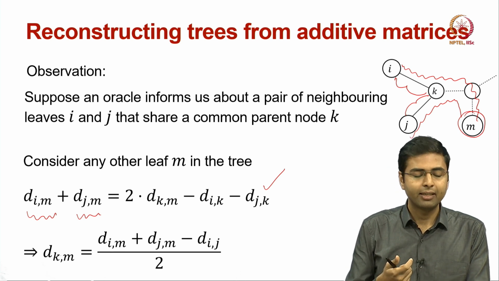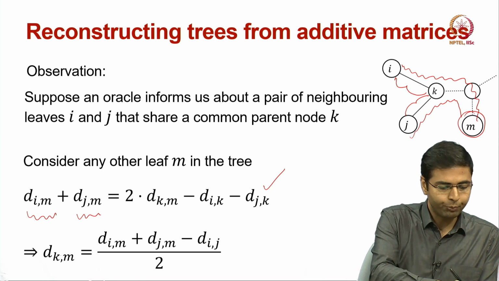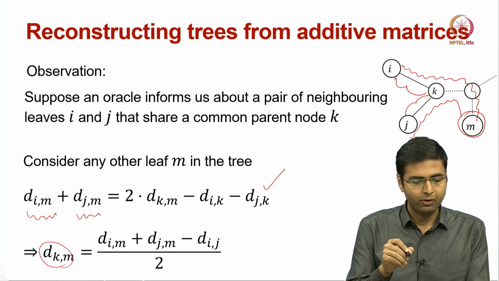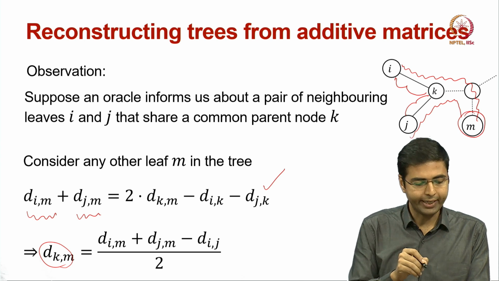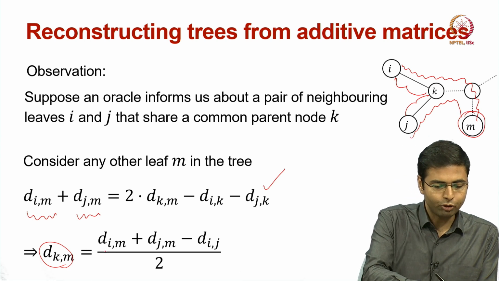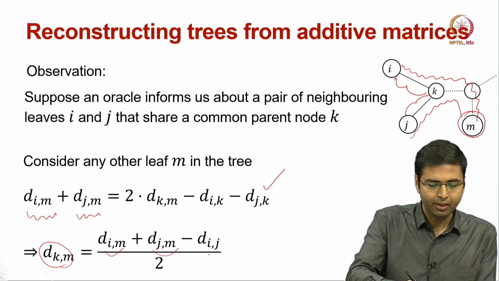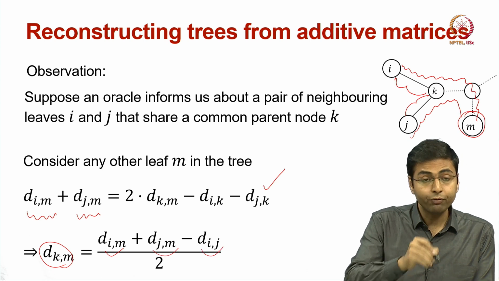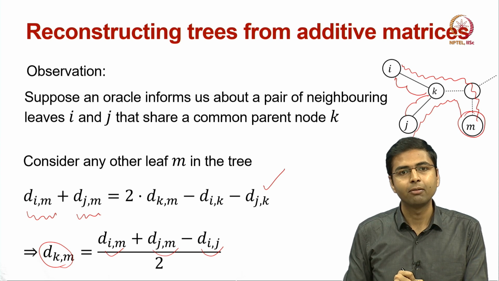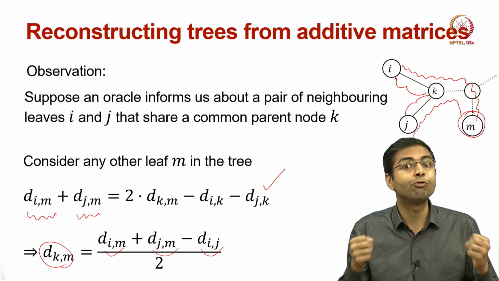Which means that if this is true, then I can compute dkm in terms of dim, djm and dij. All of these 3 values are available in the matrix D, because these are pairwise distances between the leaf nodes.